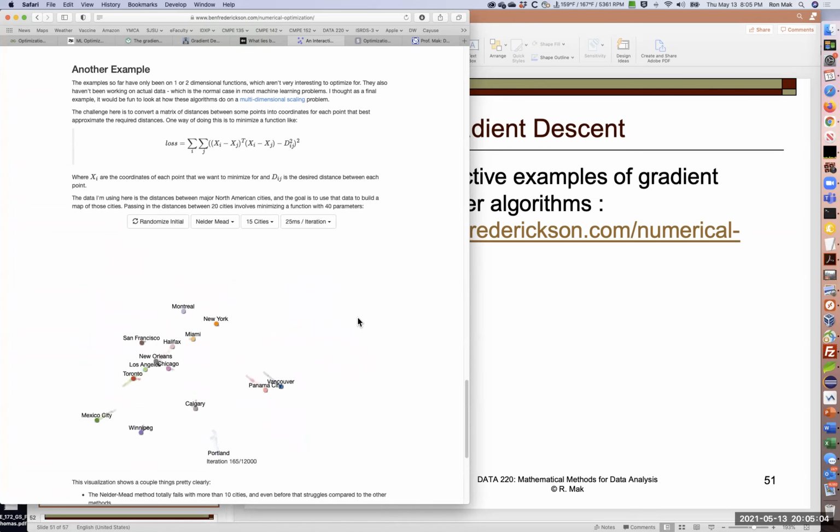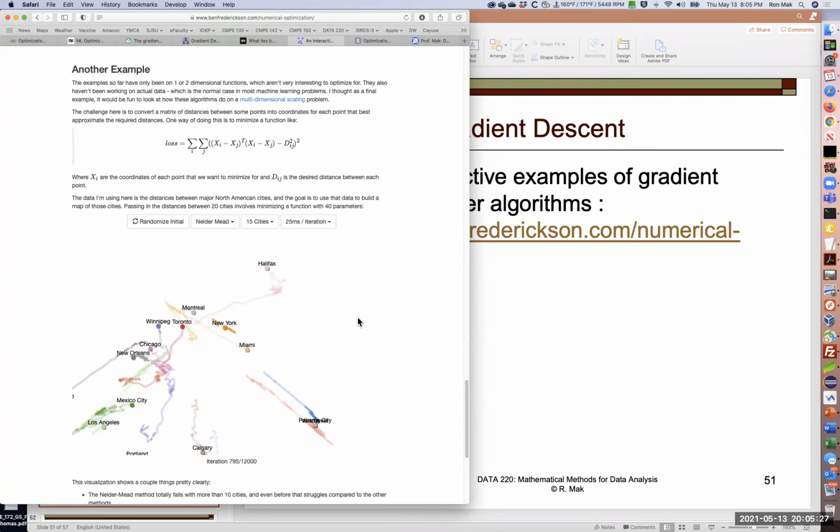So here you can see that it's trying to find the ideal positions of these cities so that the distances between them are the closest possible match to the actual distances that are in some table. Okay, and you can see that Nelder-Mead has no idea. Well, it's trying very, very hard, and you can see it's going to be a lot of iterations.